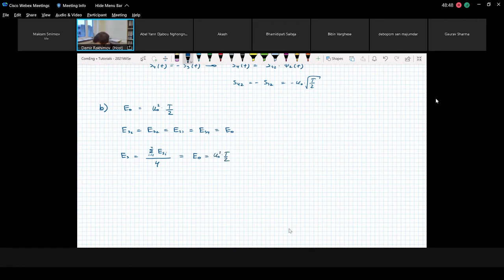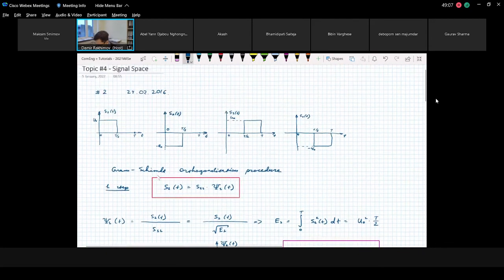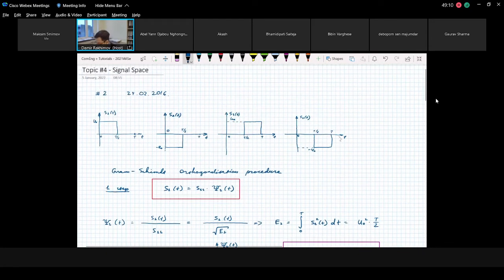Okay, and if you need to calculate the mean energy per bit, you can simply use the mean energy per symbol and divide by the number of bits that you transmit with each symbol. And look at our constellation or our set of signals. We have 4 signals and we have 4 possible positions. And in order to describe all these 4 possible positions, you need to have 2 bits. You can encode each symbol with 2 bits.